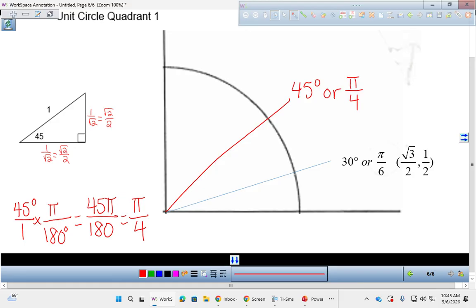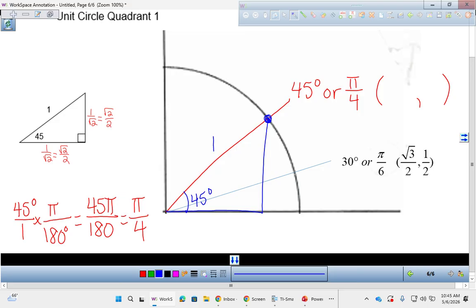And this point has a coordinate as well. I'm going to show you where it comes from. You don't have to draw the triangle part, all right? If I were to make this red line into a reference triangle, I've got a point on the circle, and then I drop that straight down. Here's my 45 degrees. It's a unit circle, so from the center to the edge is 1 unit.